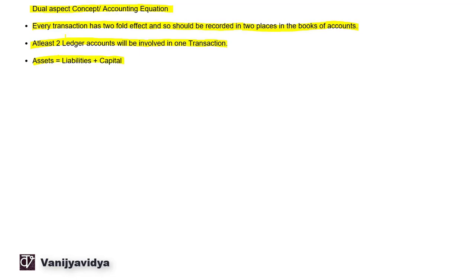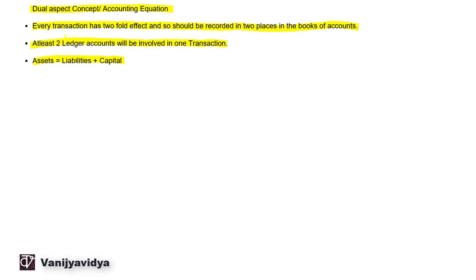As per the dual concept, every transaction will at least have effects in the two ledger accounts, because the dual concept says that whenever there is a change in any asset, there has to be a change in the liabilities and the capital.